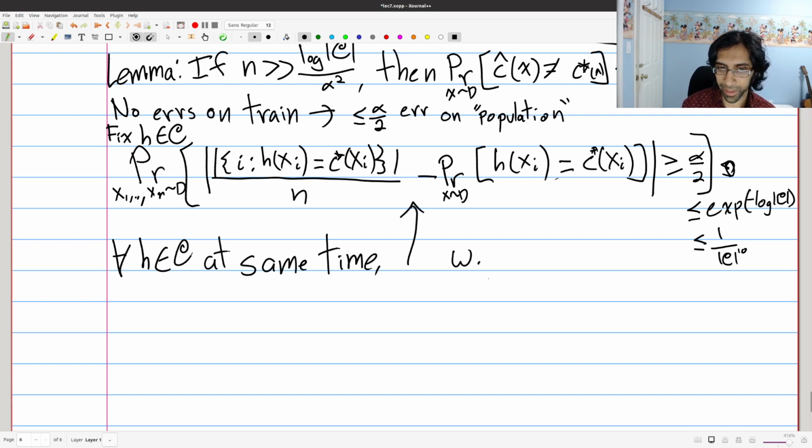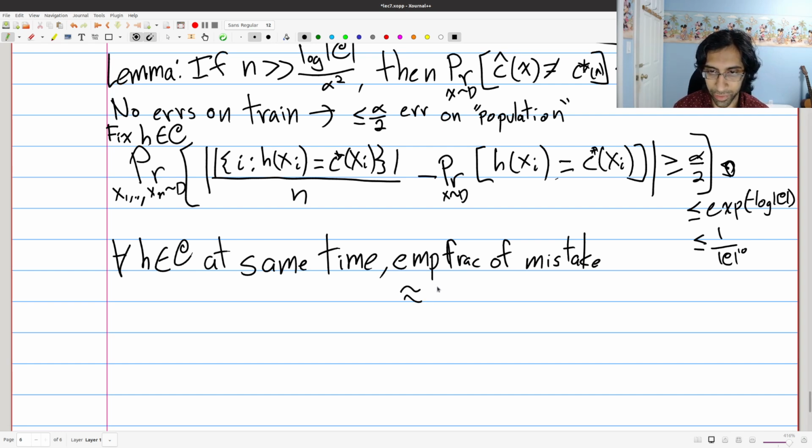It's not this guarantee exactly, but it's the probability that, I'll just write it in words, the empirical fraction of mistakes is approximately equal to the population fraction of mistakes, plus or minus some alpha over 2.